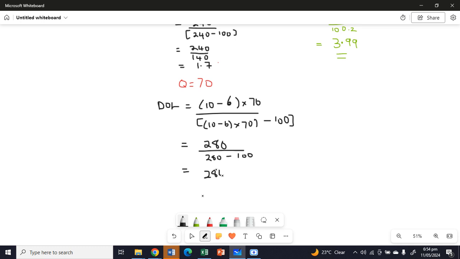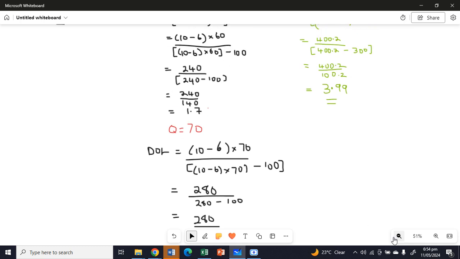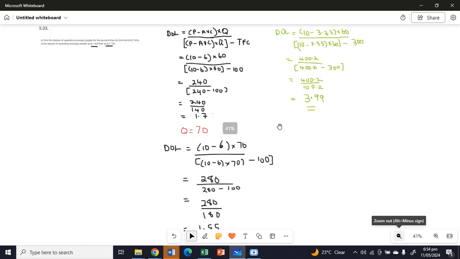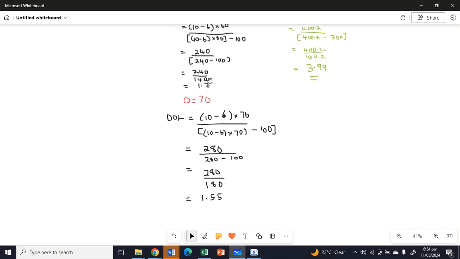So if we look at frame 1 at Q60, when Q was 60, we had a degree of operating leverage of 1.7. Then Q becomes 70, and we have a DOL of 1.55.